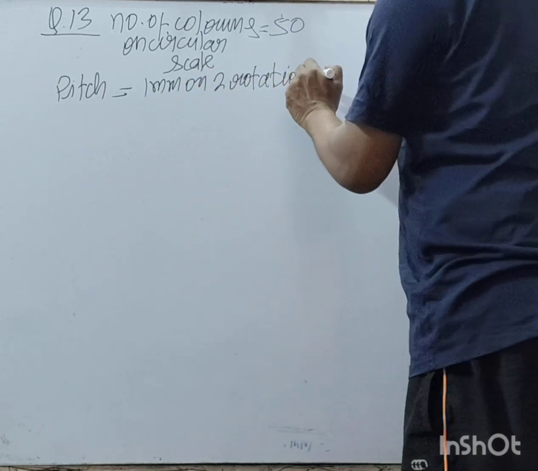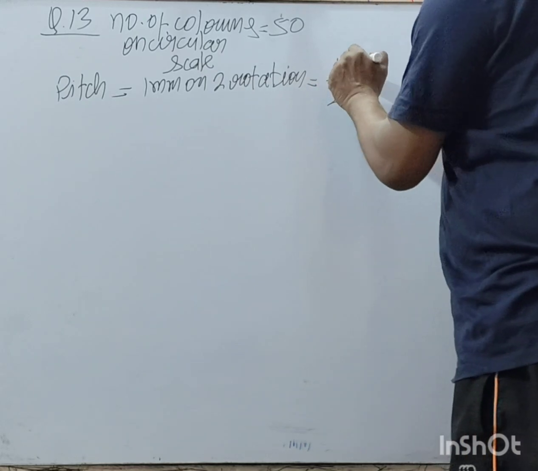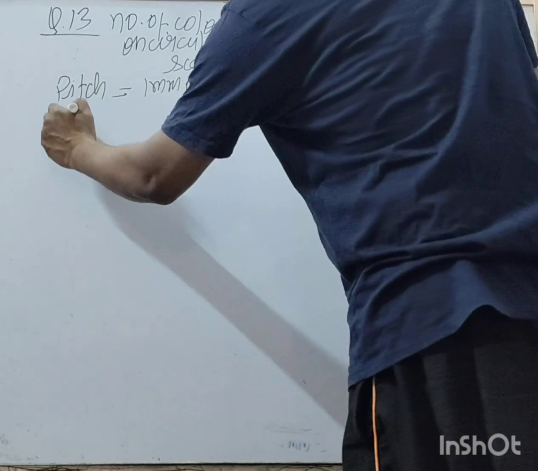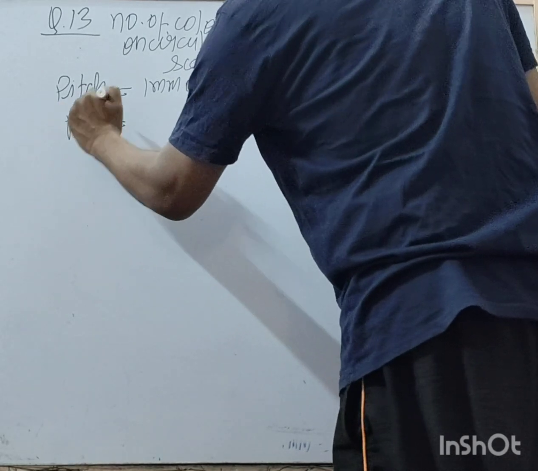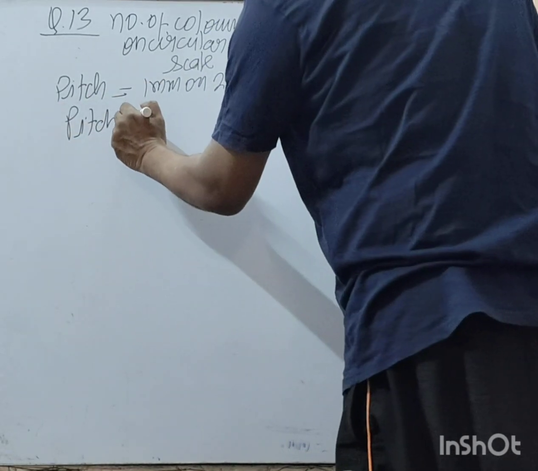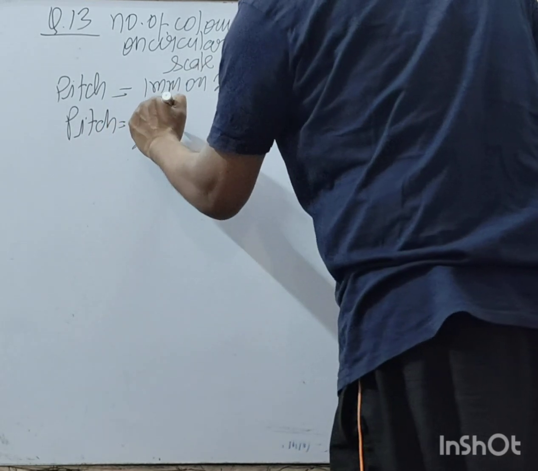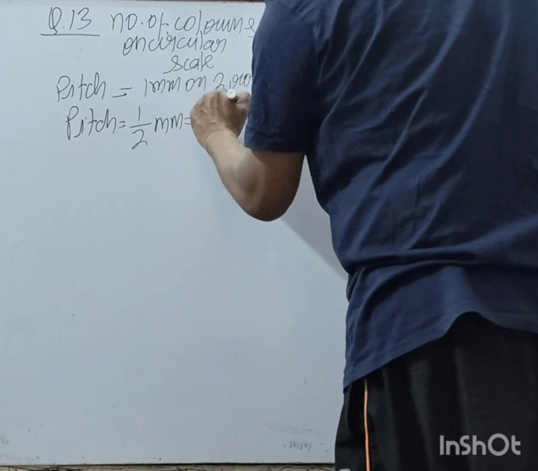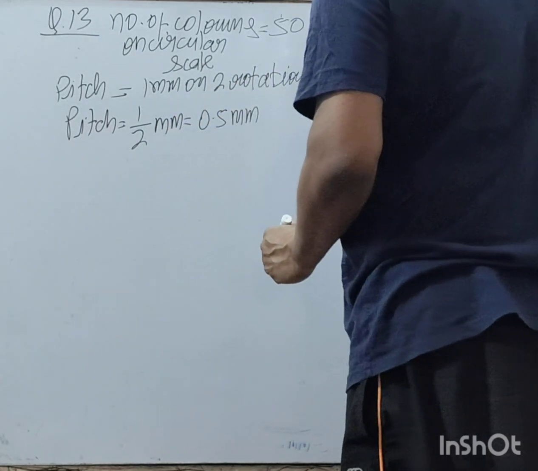It means 1 upon 2 millimeter. Right? Yes, sir. So pitch is equal to 1 upon 2 millimeter, or 0.5 millimeter, right?